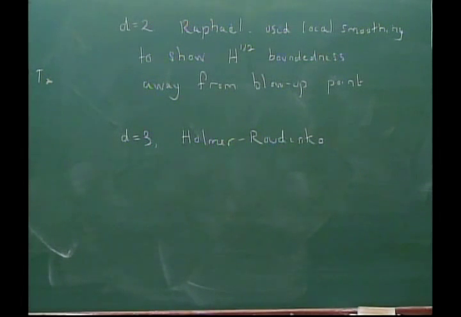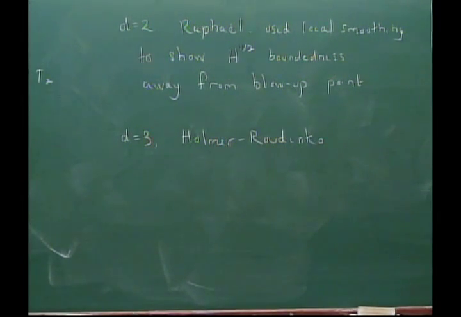And to do that, we had to take the equation and project to high frequencies, that is, the frequencies above the blow-up rate, and prove a boundedness for high frequencies by using bilinear Strichartz estimates. And then the lower frequencies have a sort of finite speed of propagation attached to them.